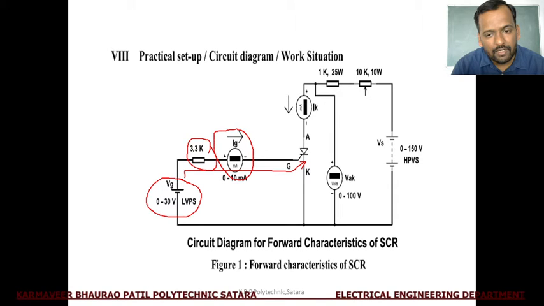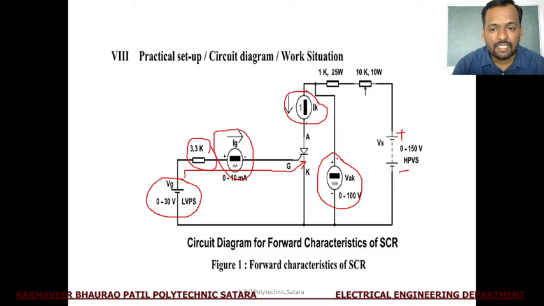For forward biasing of SCR, anode must be connected to the positive terminal and cathode must be connected to the negative terminal. Hence here cathode is connected to negative and anode is connected to positive. To measure how much current will flow through the anode, an ammeter is used, and this voltmeter is used to measure voltage across the SCR.